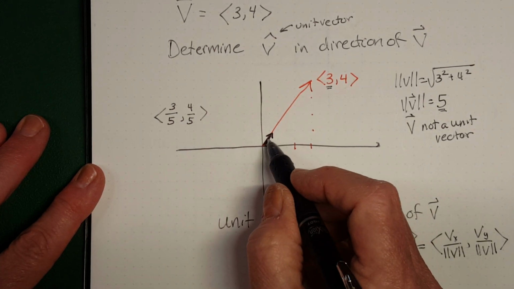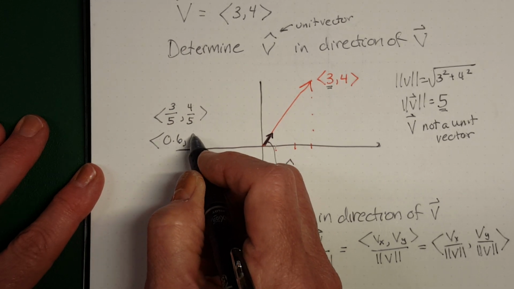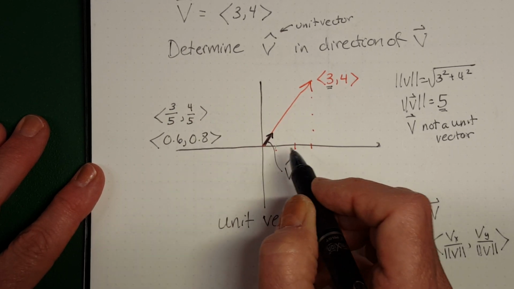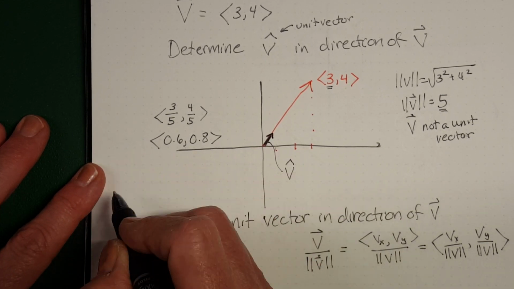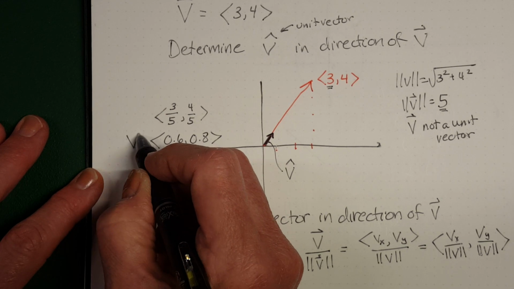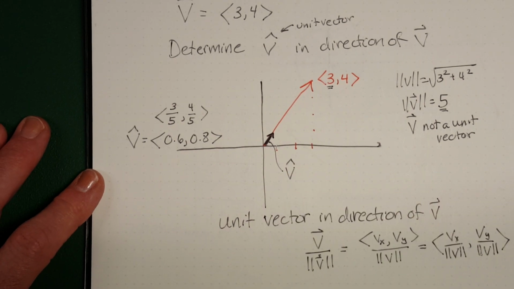I could put it in decimals if I wanted to, you don't have to. It has an x component of 0.6 and a y component of 0.8, and that is what we would call v hat. It is the unit vector that's in the direction of the red vector 3, 4.